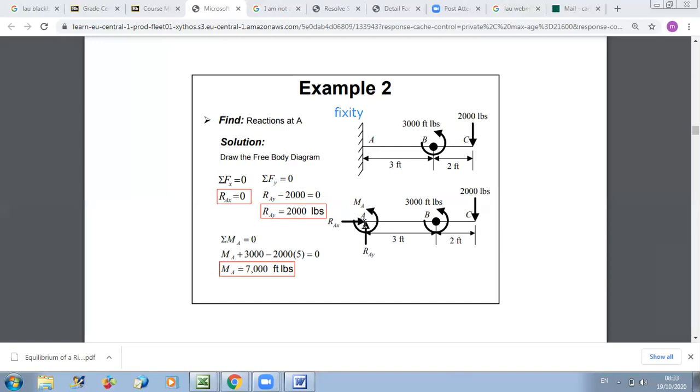You can do sum of moment about A equals 0, or sum of moment about B, or sum of moment about C. But what is the easiest point to select? A. Yes. Why A?